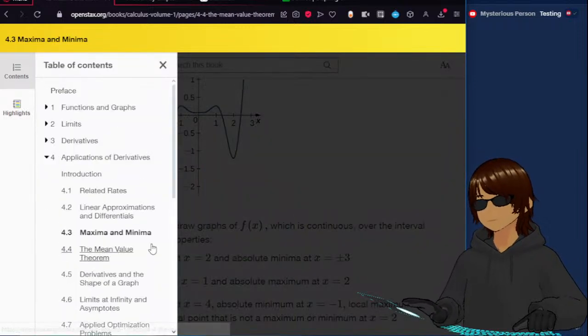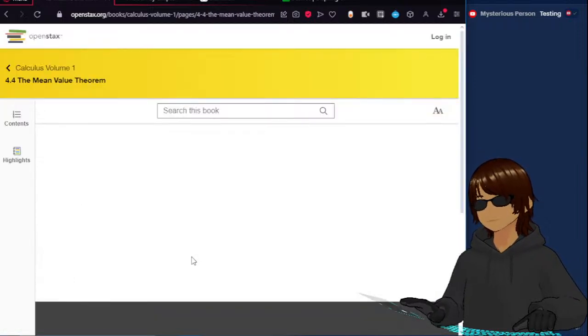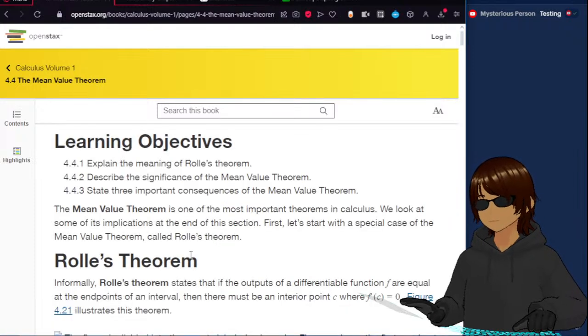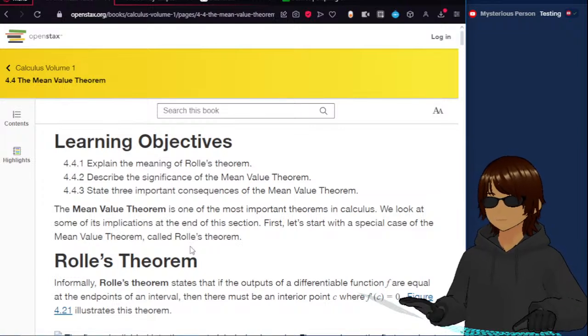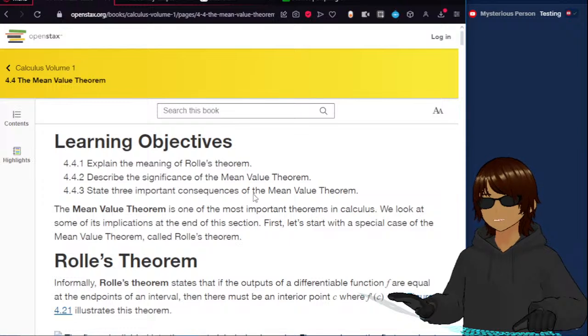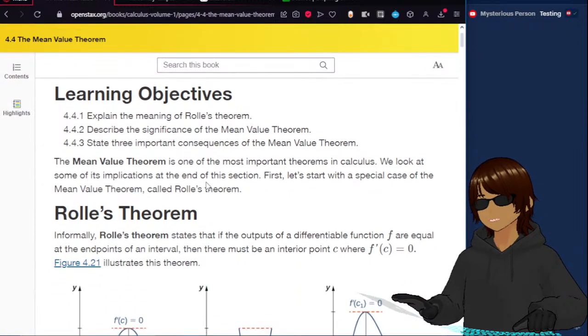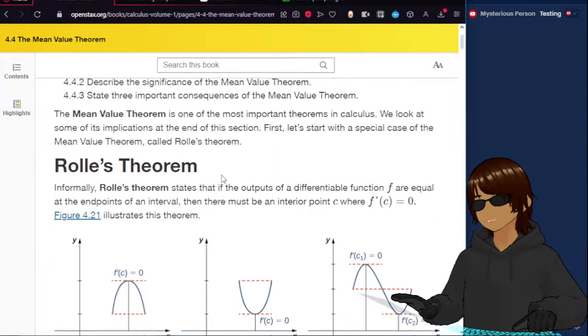Should I go next? The mean value theorem. The mean value theorem is one of the most important theorems in calculus. We look at some of its implications at the end of this section. First, let's start with the special case of the mean value theorem called Rolle's theorem.